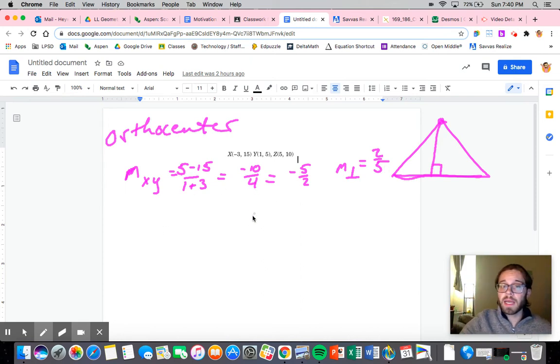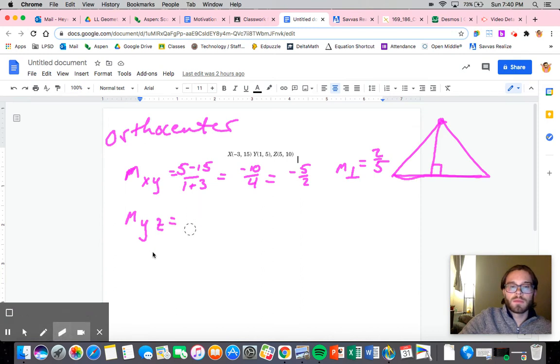And then from there, I guess it doesn't necessarily matter which one we're dealing with. I just did x and y, so let's do yz. Sure. Slope of yz. Okay. Change in y is going to be 10 minus 5.